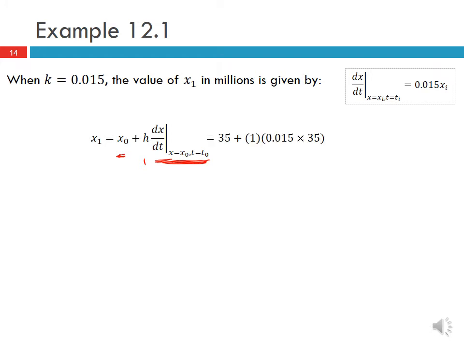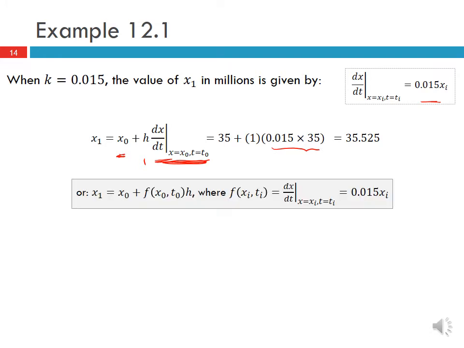So this is equal to 35 plus our h was 1, and this is evaluating our function at x0, so 0.015 times 35, as you can see here. So x1 is equal to 35.525.